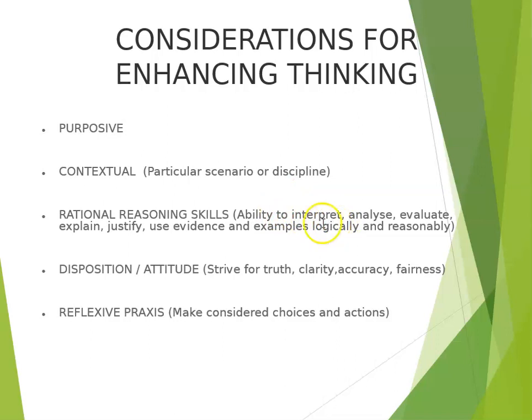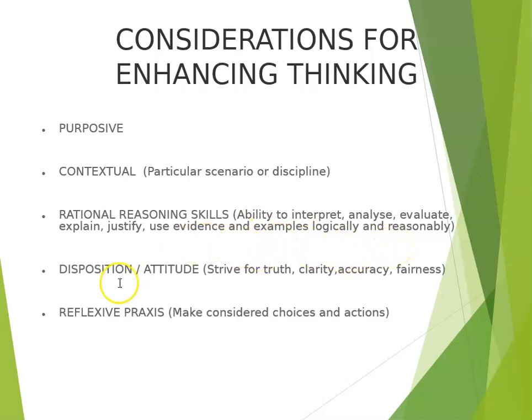You could interpret a poem in a language class, or you could interpret a graph of a budget in a business studies class. So interpret might mean different things, but the process is about being able to analyze something and reach some kind of conclusion using evidence and providing examples logically and reasonably.